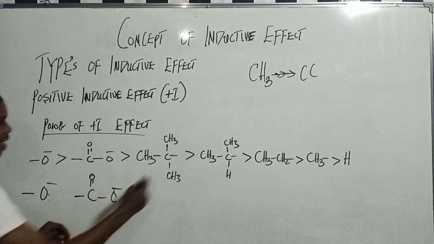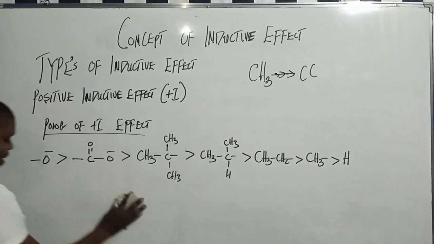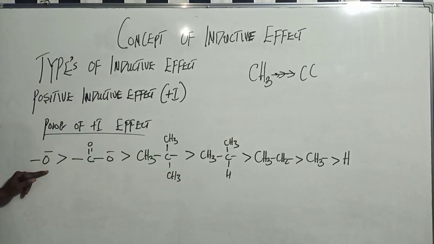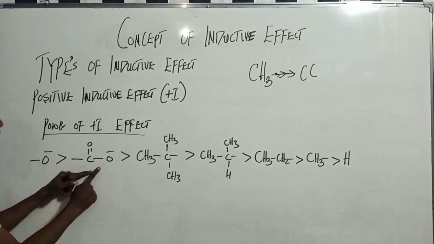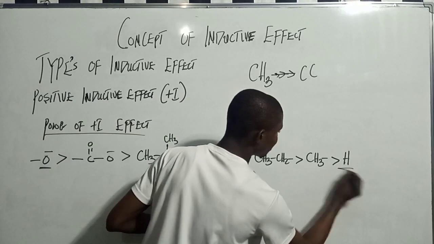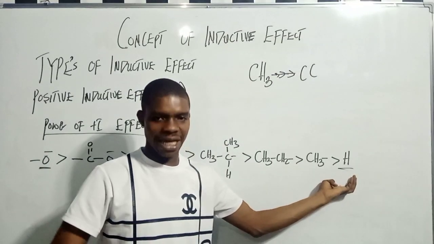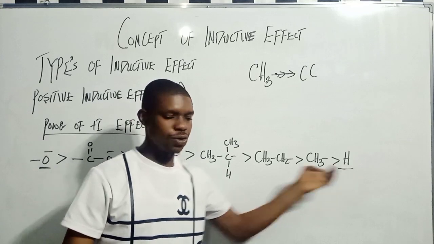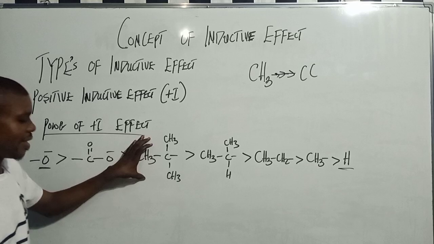So when you see this one here, you know this one has a higher tendency to push electrons, or to donate electrons more, or increase electron density more than this, because this is the highest, this is the lowest. As a matter of fact, hydrogen has zero inductive effect. So from here, this one is the highest, followed by this, then this here.